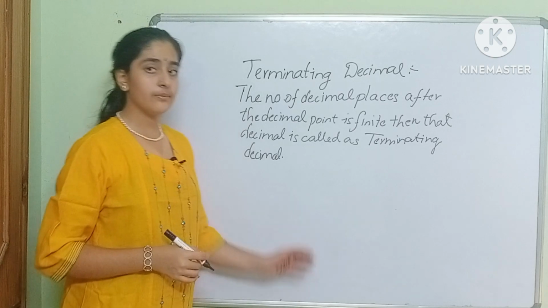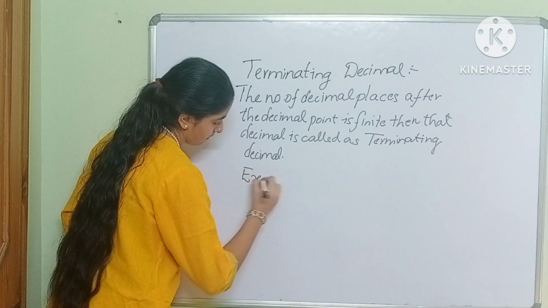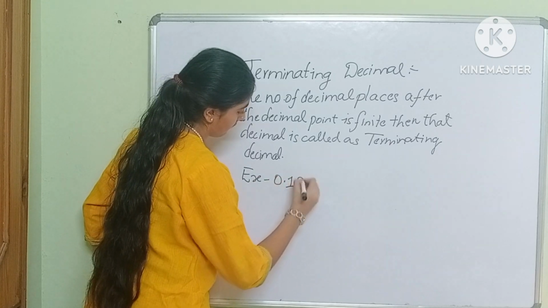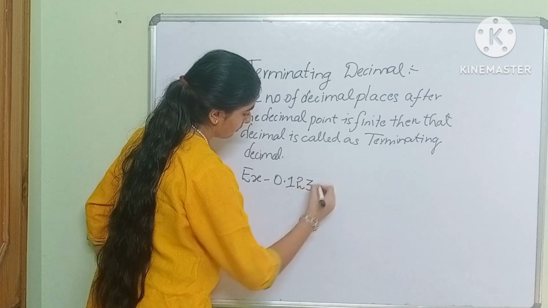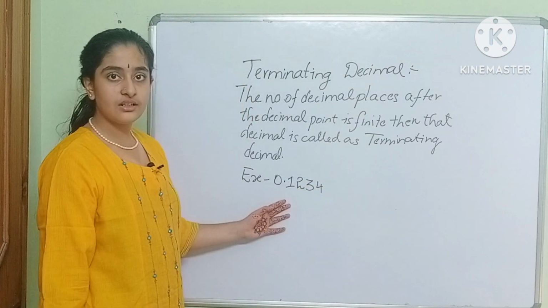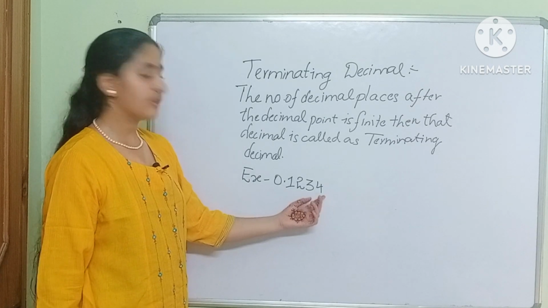So let us see some examples, such as 0.1234. This one is a terminating decimal because it is ending at one point, that is 4.